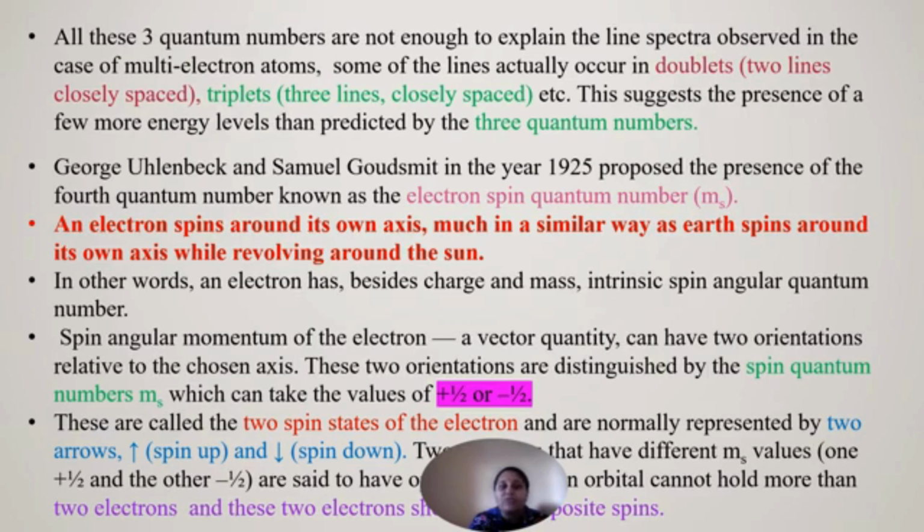It is the plus half or the minus half spin quantum number, that is ms. These are called the 2 spin states of the electron, and they are represented by 2 arrows, a spin up arrow and a spin down arrow. 2 electrons that have different ms values, one plus half and the other minus half, are said to have opposite spin. An orbital cannot hold more than 2 electrons, and these 2 electrons should have opposite spins.